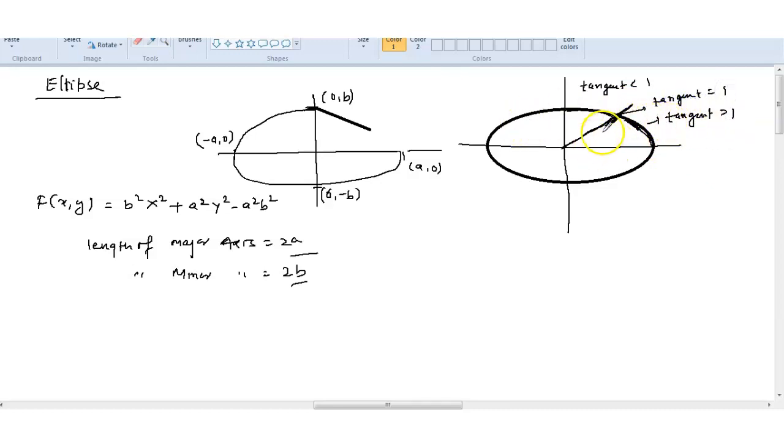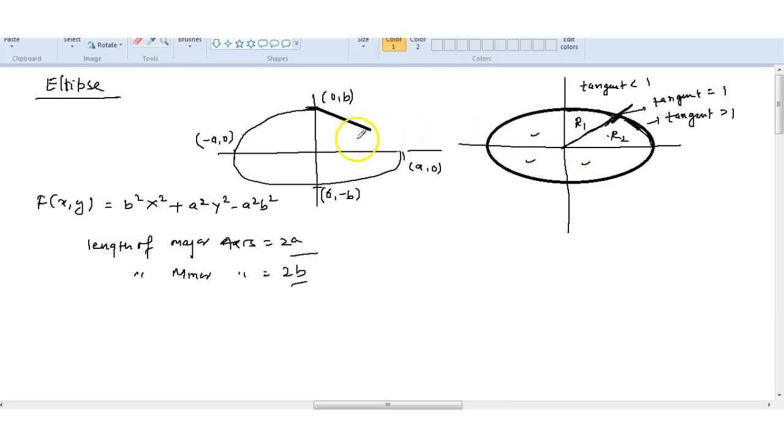So like a circle, we cannot take this region and this region symmetrically, because here the tangent is different. So we'll divide the first quadrant into two regions, R1 and R2. When R1 and R2 are handled, the other three regions we can do by the symmetric property.